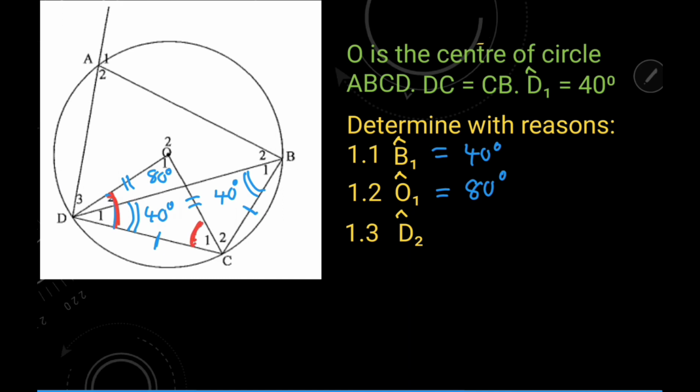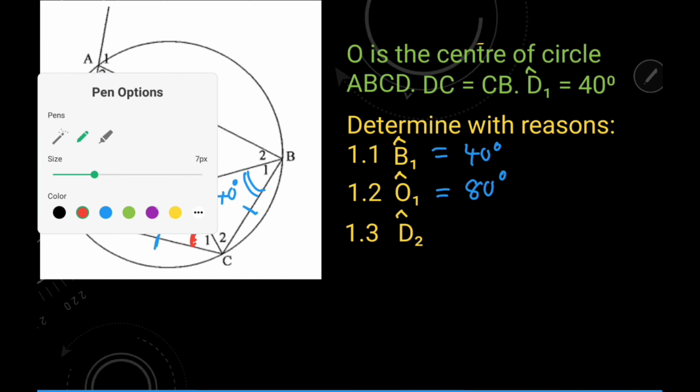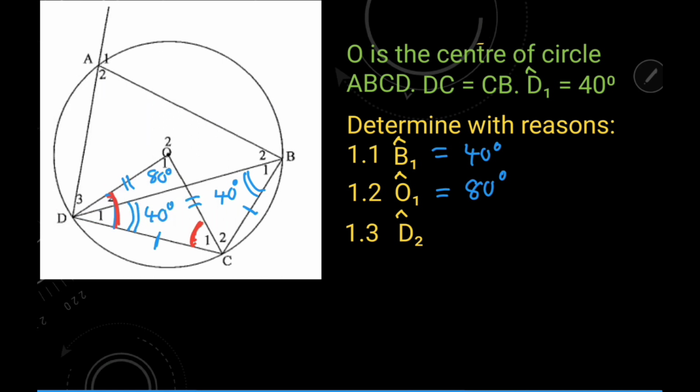Okay, so we already know that O1 is 80 degrees, so which means C1 and then D1 and D2, when we add them together, plus 80 will give us 180 degrees. So if we make C1 x, D1 plus D2 x, we can find out what x is easily.